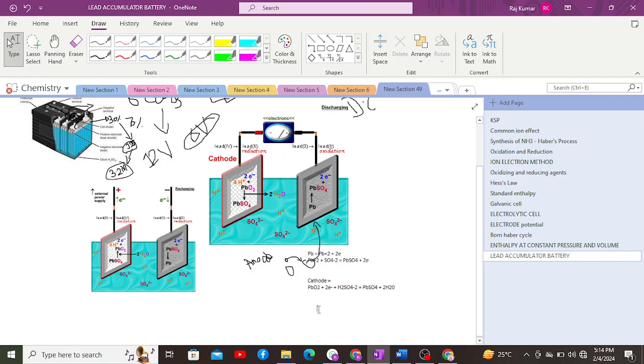Now, when we combine both of them, the overall cell reaction will be written as lead oxide.